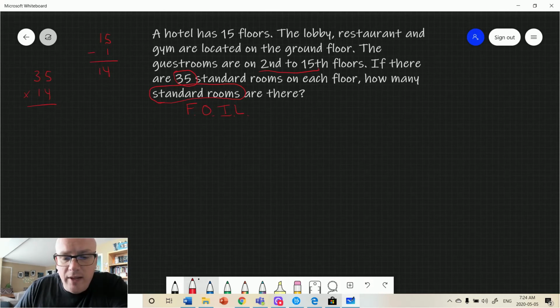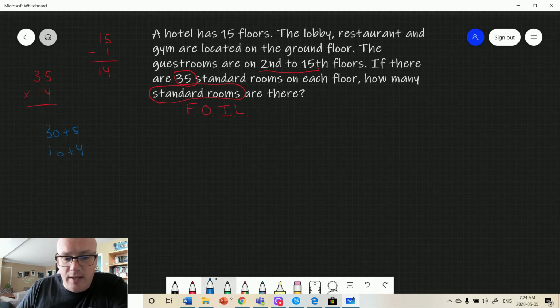Now, before we get started on using the breaking it apart method, we need to put them into expanded form. So we know that 35 would become 30 plus 5, and 14 would become 10 plus 4.